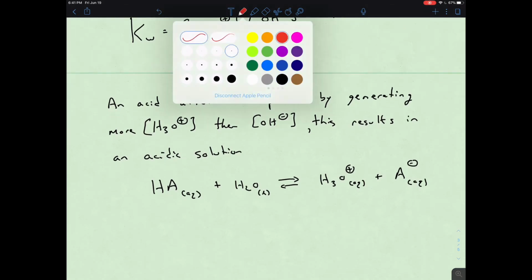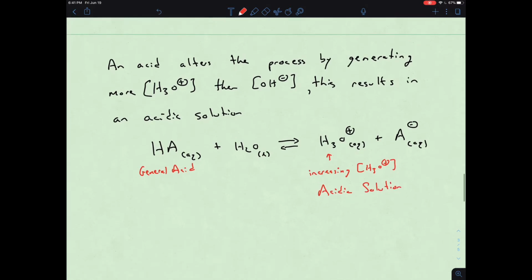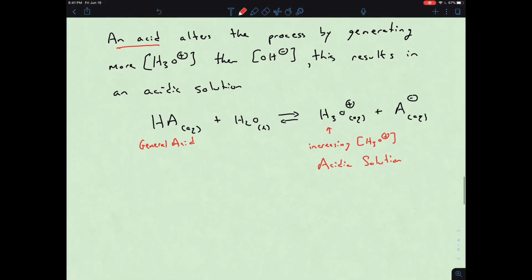So here we have just a general acid, and we see an increasing concentration of hydronium ion, resulting in the acidic solution. So that's how an acid alters the process.